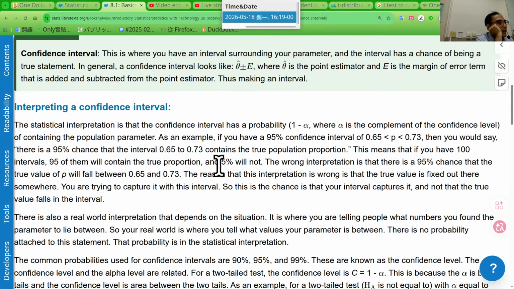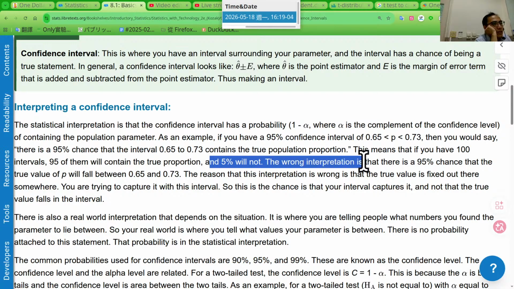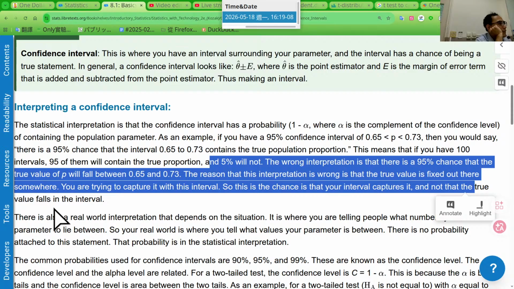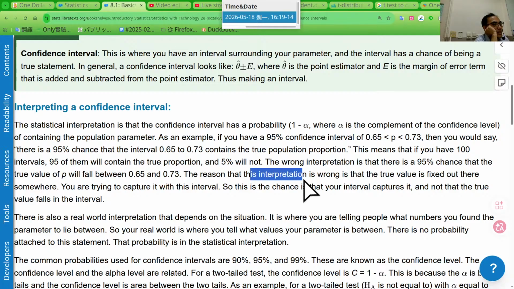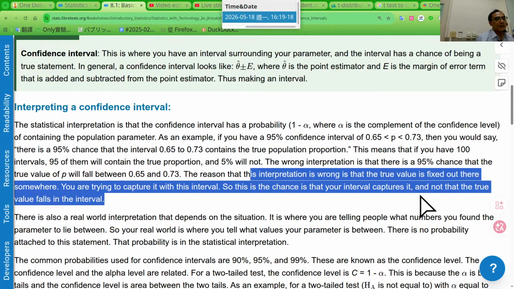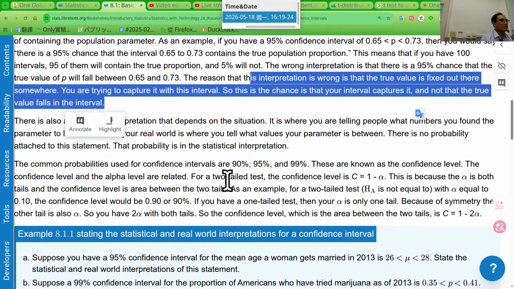The wrong interpretation is that there is a 95% chance that the value of P will fall between this range. The reason this interpretation is wrong is that the true value is fixed out there somewhere, and you are trying to capture it within the interval.